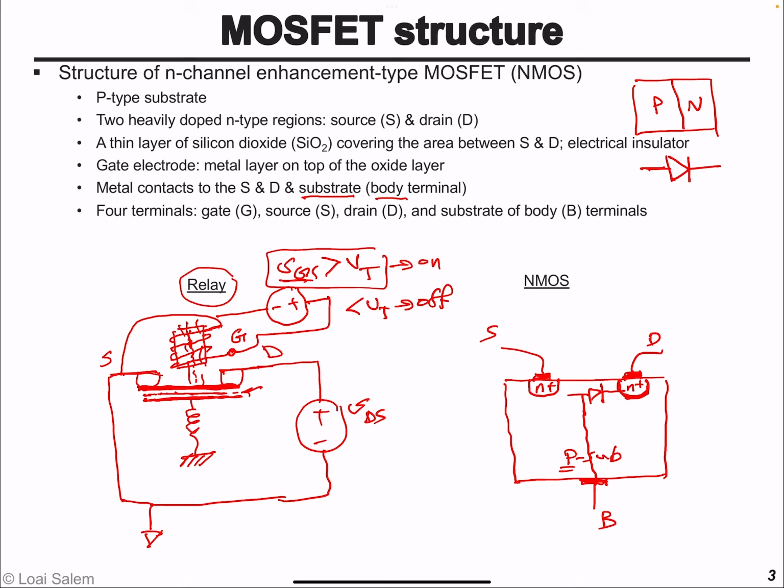This is the negative terminal of the diode, or the cathode, and then we have another diode here. So two back-to-back diodes. And typically the source and the body terminal, or substrate terminal, is connected to the source terminal, and say we connect them to the ground.